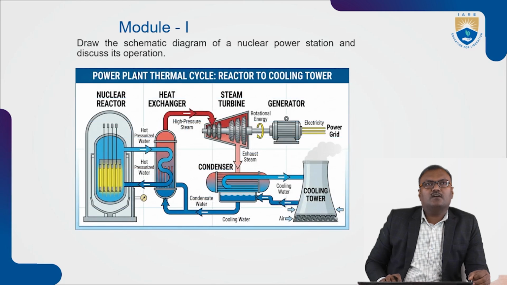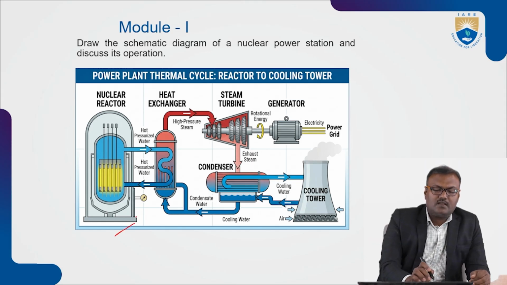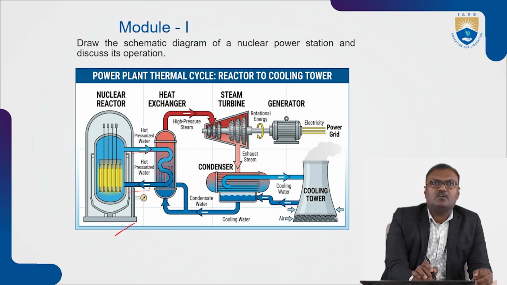So this is a schematic diagram representation of a nuclear power station. When asked in an exam, we need to represent the individual parts, mainly the nuclear reactor, showing the fuel rods as well as the moderator, and one inlet and one outlet in order to make water into steam.